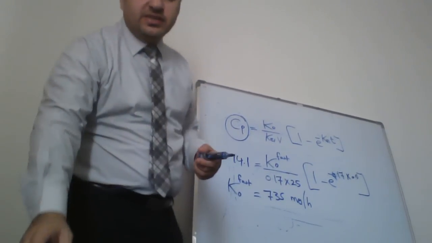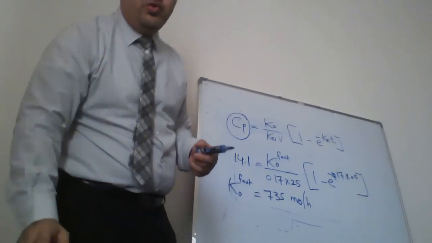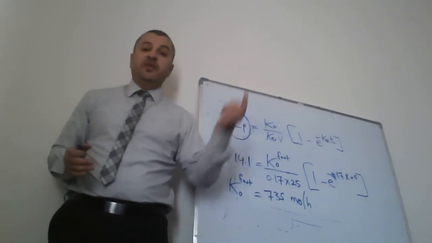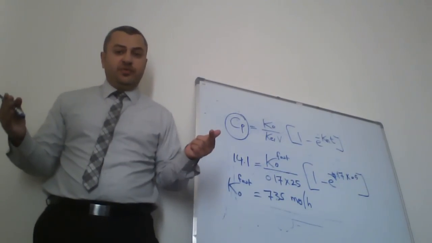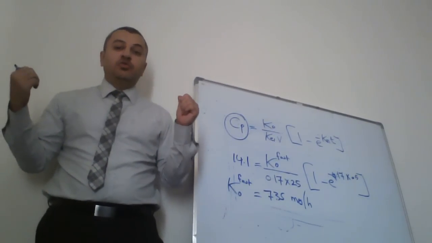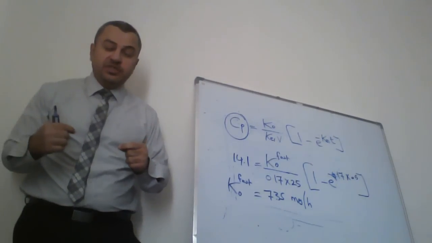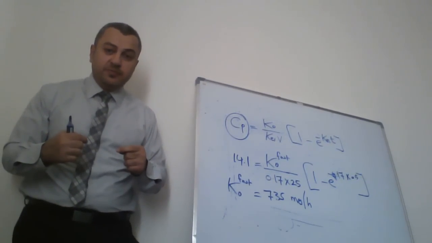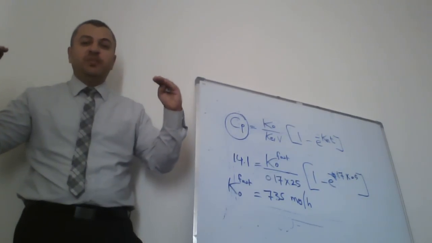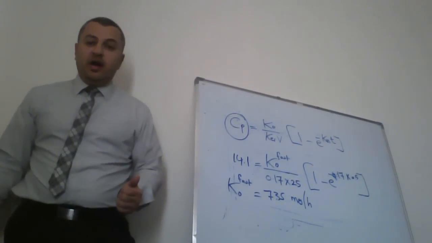Following this fast infusion for half an hour, I should not leave it at 735 because this will give me another steady state. So after half an hour, I have to slow it down back to 60. If I do that, what will happen? The input will be equal to the output and the concentration will be maintained at 14.1 milligram per liter.